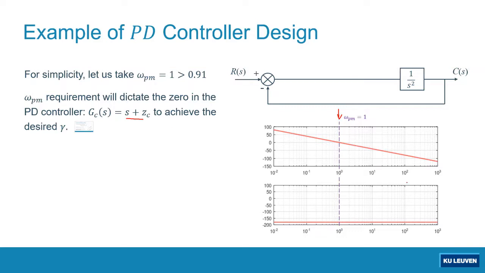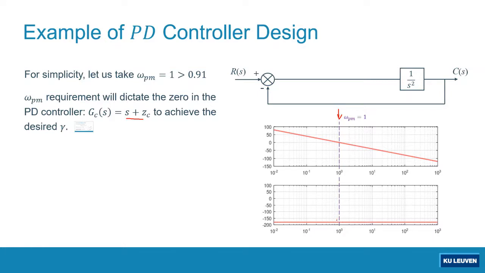But as we have already discussed before, no matter how high we adjust the gain, if we are only using a proportional controller, we will never achieve the other requirement, the phase margin requirement, which is that the phase margin should be not more than 65.53 degrees, right? This will never happen if we simply use a proportional controller.